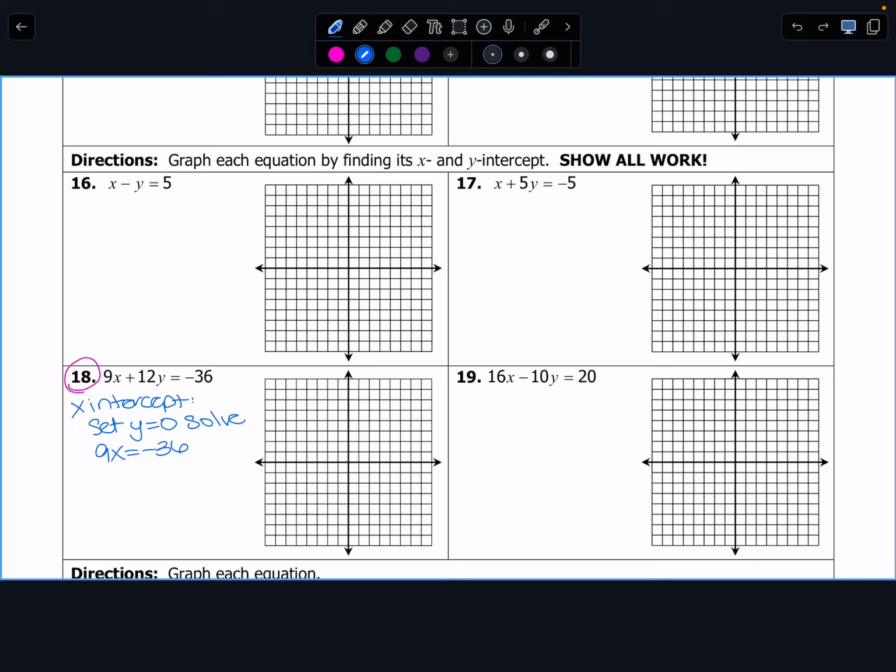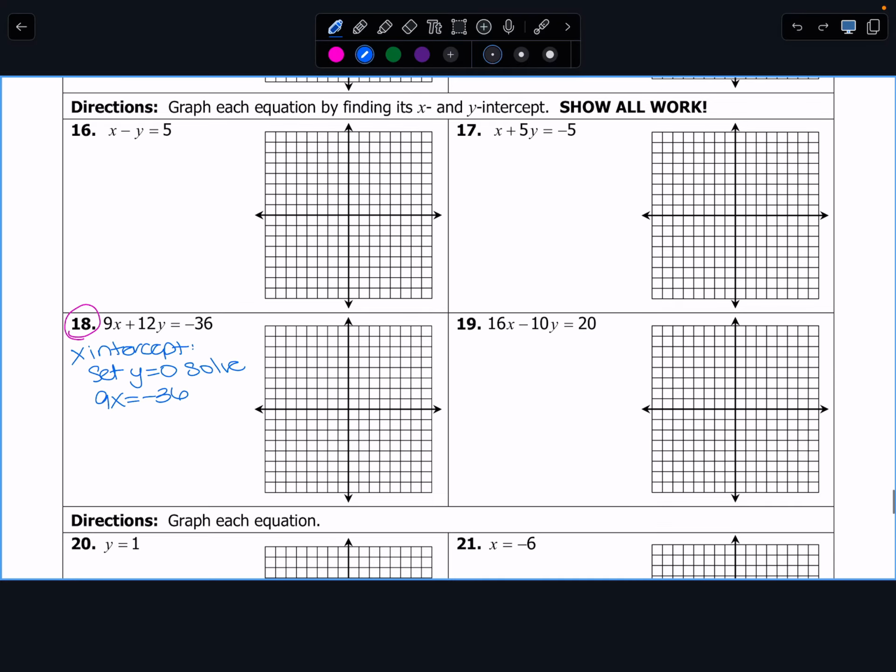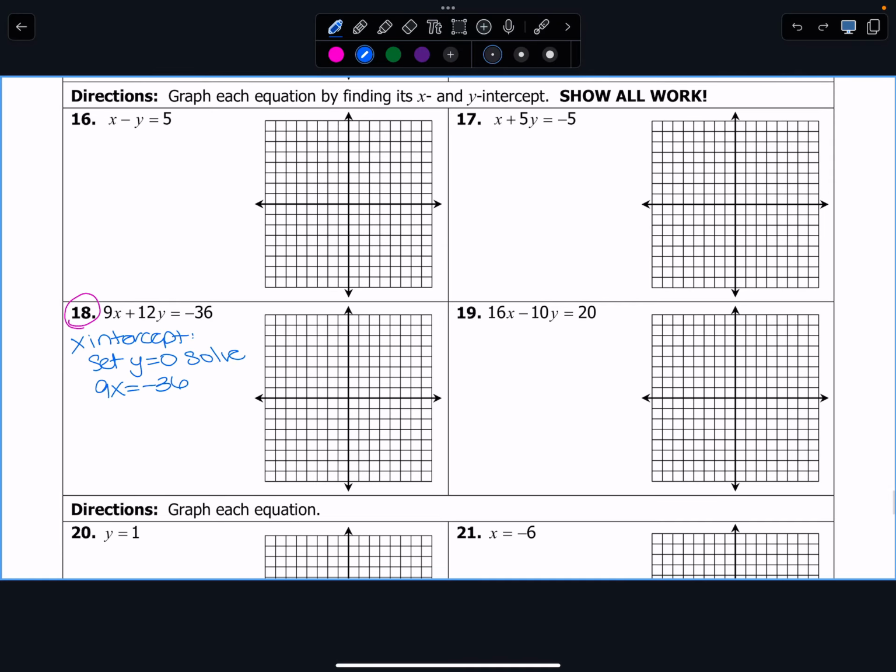I just get rid of the y term. He's gone. Because anything times 0 is just 0. Yes, Eden. You said you wanted us to do the odd number questions? Yes. So I'm going over an even one right now. Because I'm not doing one of your problems that I want you to practice. So divide both sides by 9. So I get x is equal to negative 4.